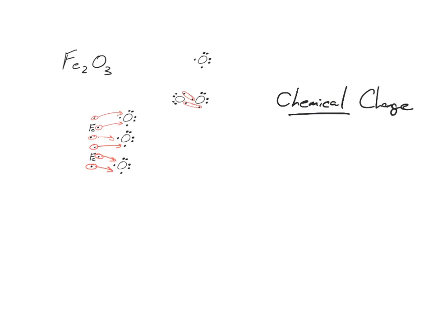And that chemical change is when you rearrange the atoms that are bonded together. Whenever anyone says two atoms are bonded together, what they mean is that they're sharing electrons. That's what a covalent bond is, a sharing of electrons.